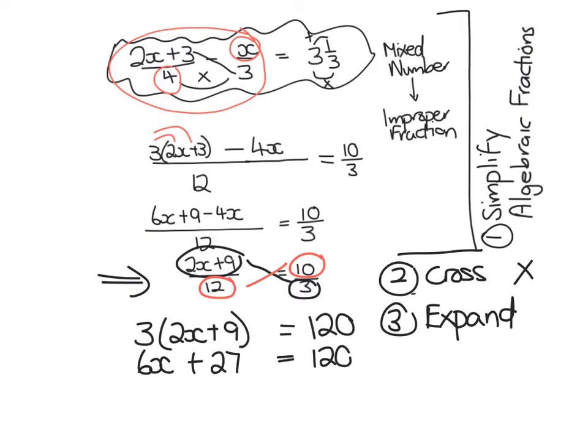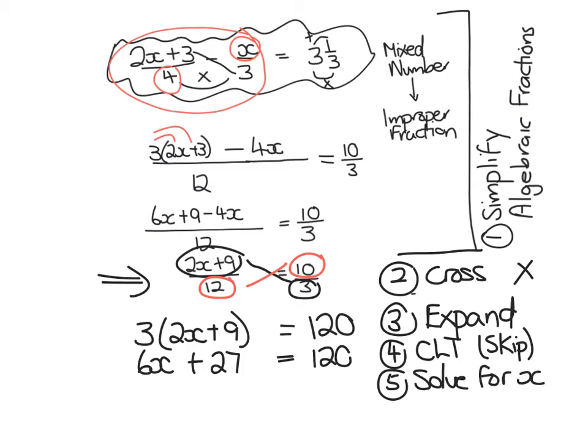And then I'm going to collect like terms. I don't actually have like terms anymore, because like terms are the things with the same variables and same powers. So I can skip that step, but I'm just going to write it anyway. Collect like terms. We can skip that. And we go straight into solve for x.